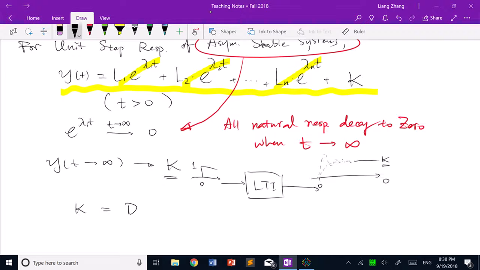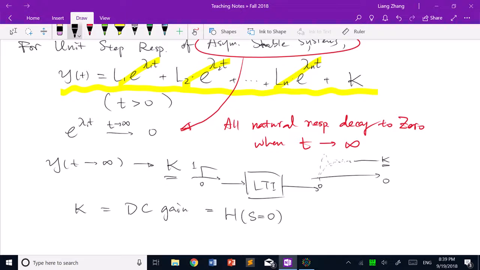And this is what we call the DC gain of the linear time invariant system. And the DC gain can be calculated, if you still remember this from 3101, as your transfer function H evaluated by replacing all your s terms in the transfer function with 0.